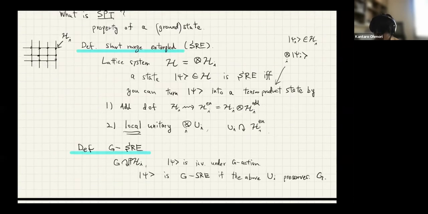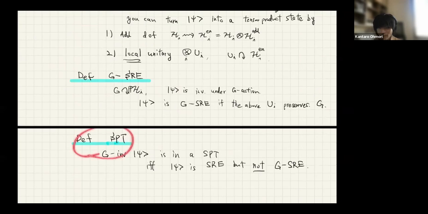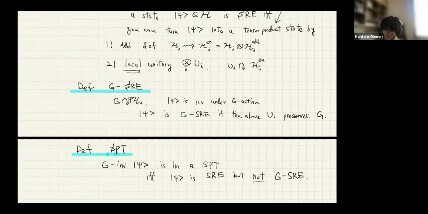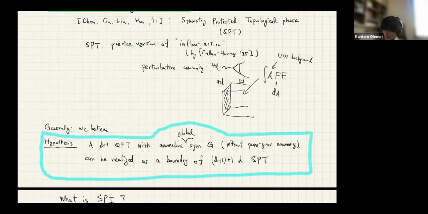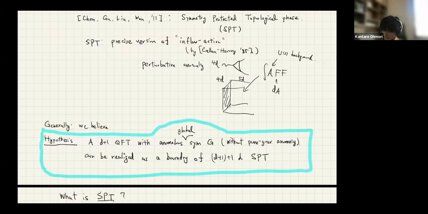Let's see one example of SPT. So if we believe this hypothesis, in particular when D equals 0, there should be an SPT whose boundary possesses this projective representation. Okay.